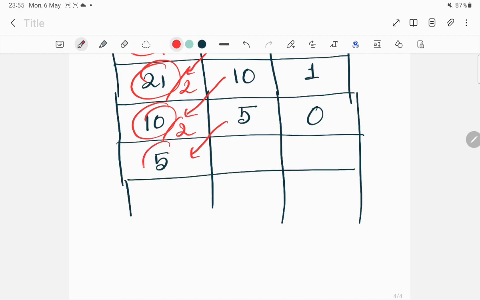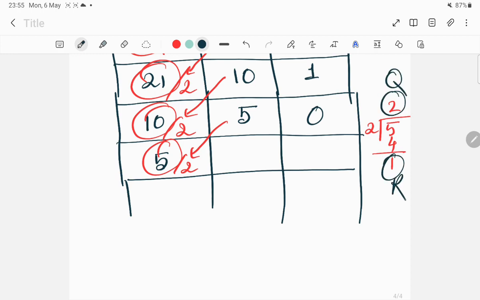So now what will happen? 5 will be divided by 2. Now when 5 is divided by 2, 2 2s are 4, remainder is 1. So quotient is 2 and remainder is 1. So what we will be writing here? 2 and this is 1. Next step, this will come here.